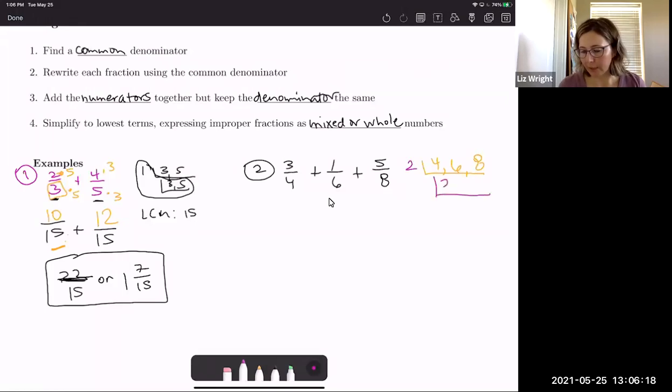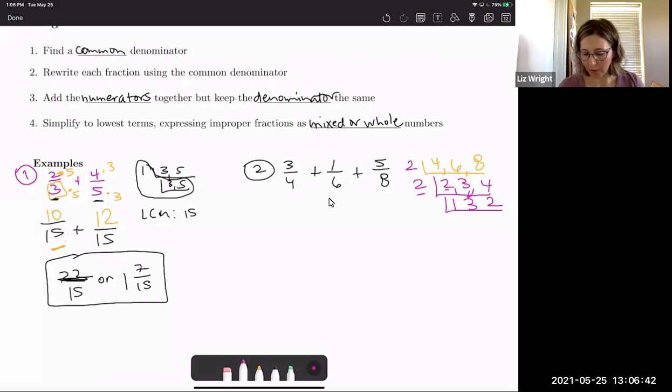And then we would get 2, 3, 4. Then you say, okay, what's another number that can go into all 3 of them? There's nothing, but we do see that a 2 can go into 2 and 4. So we're going to take that out. 2 divided by 2 gives us 1. The 3 is just going to drop down. 4 divided by 2 gives us 2.